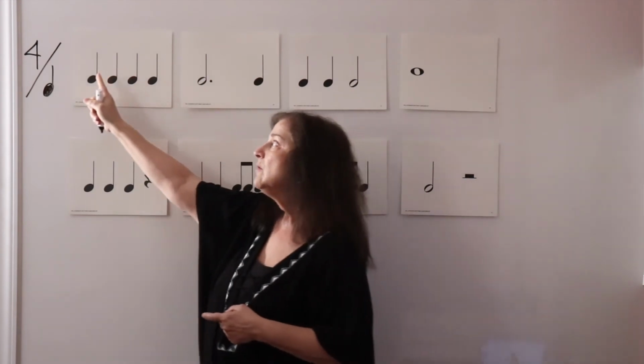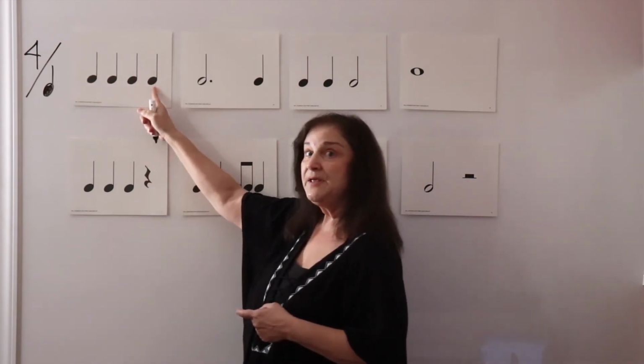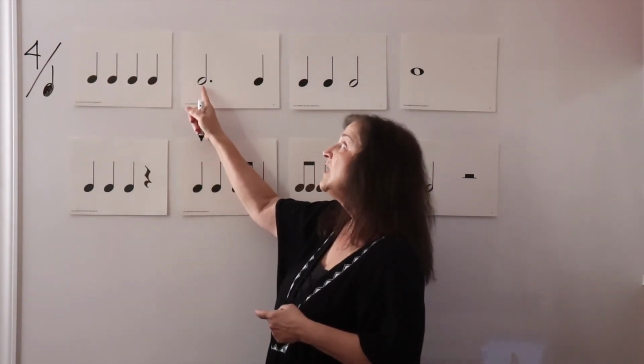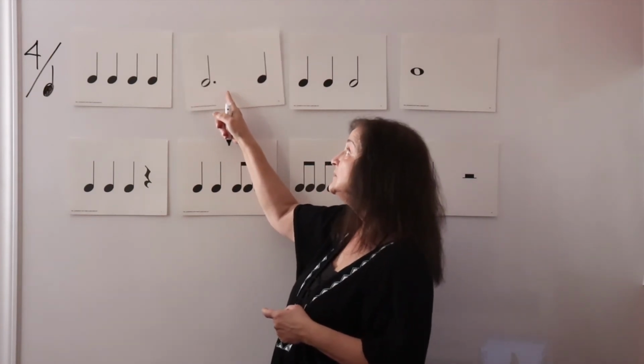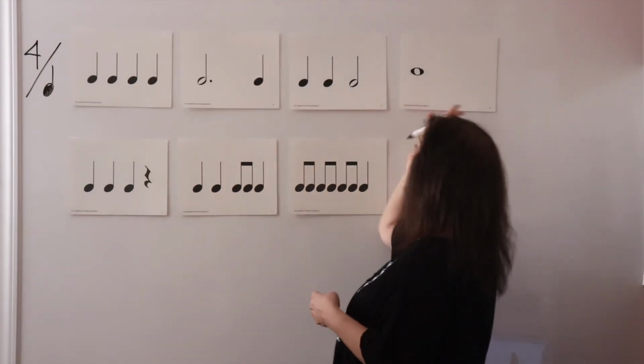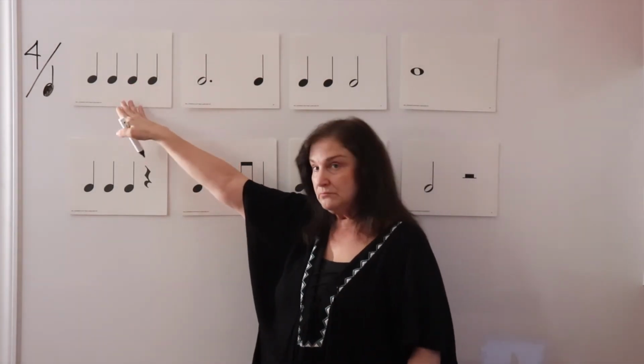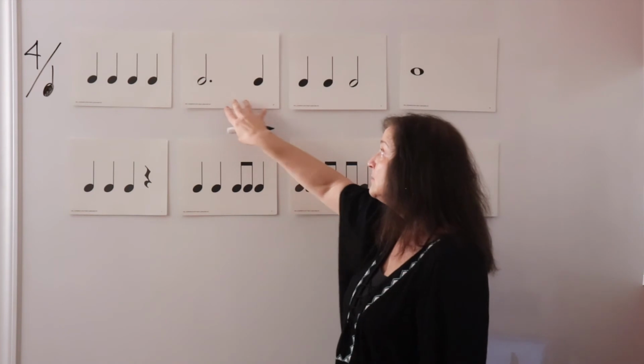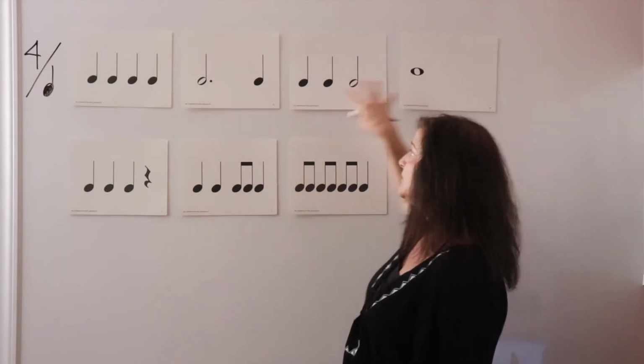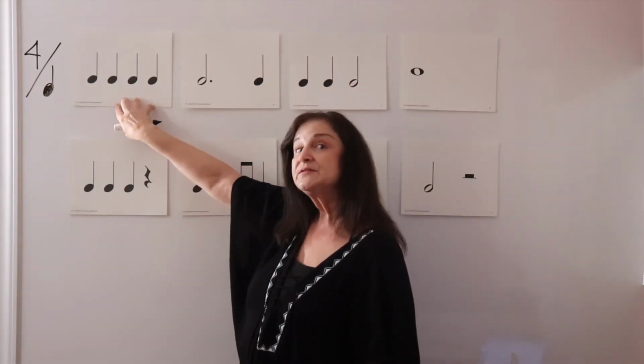So this is beat, beat, beat, beat. And then we have a note that's 3 beats, a note that's 1 beat, and so forth and so on. And they're in groups. Each of these little cardboard placards are in groups of 4 beats.